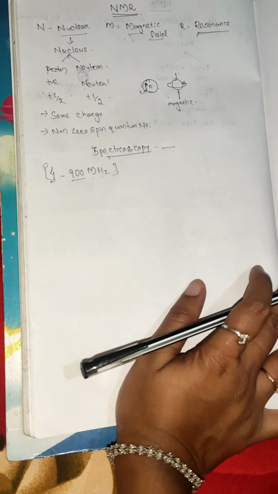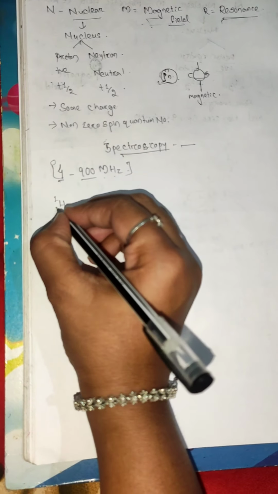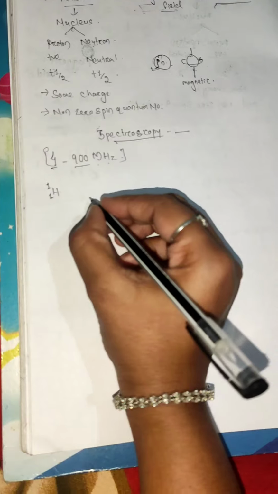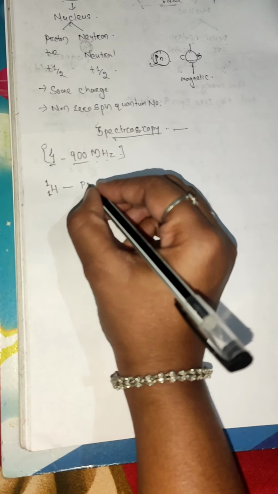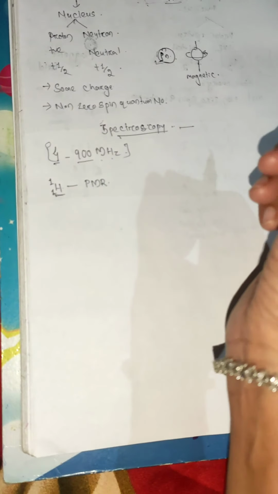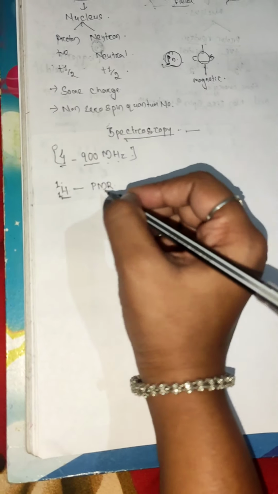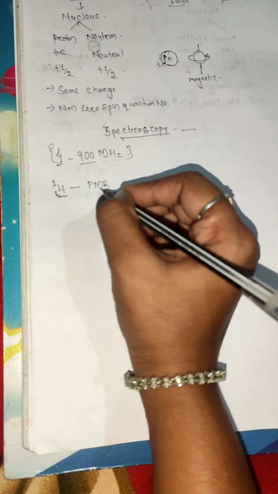And here hydrogen, having atomic number one and atomic mass one, is known as PMR. As you know, hydrogen is a proton, and the study of hydrogen is known as PMR, or proton magnetic resonance spectroscopy.